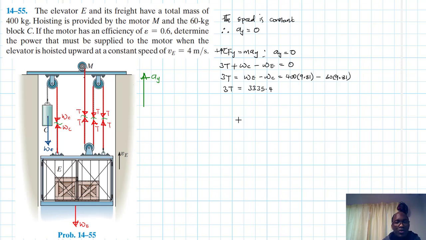in the power equation. So we know that power itself, this is power out, is just equal to the force times the velocity, okay? And this velocity here is VE. So this is just going to be equal to 3T times VE, and this is equal to 3335.4 times 4.